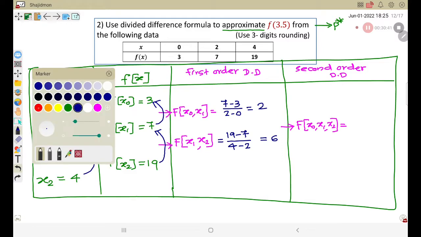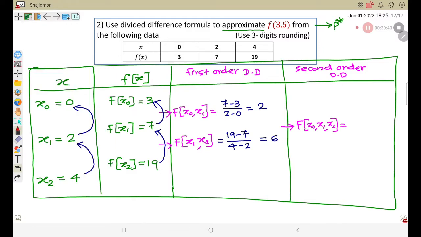Now again we go to the second order divided difference, three numbers at a time. So 6 minus 2, divided by last x minus first x, x2 minus x0, which is 4 minus 0.